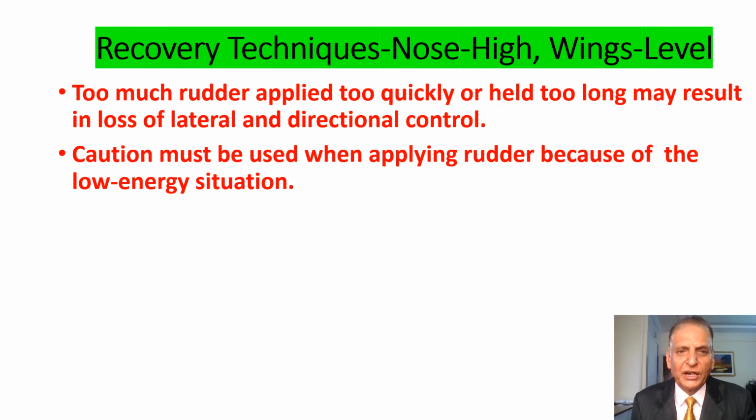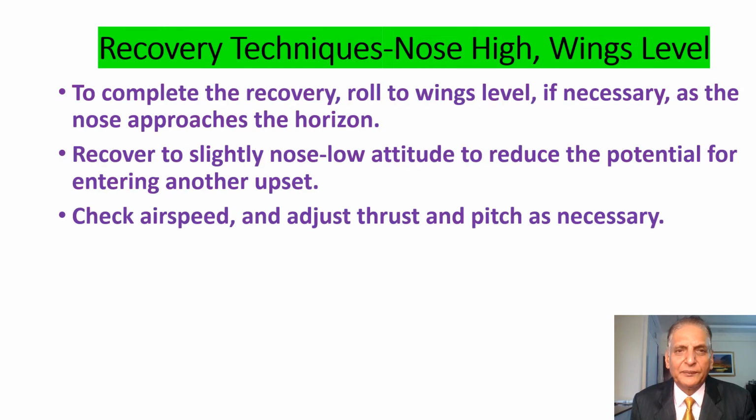Hence, caution must be used when applying rudder because of the low energy situation. To complete the recovery, roll to wings level. If necessary, as the nose approaches the horizon, recover to slightly nose low attitude to reduce the potential for entering another upset. Check airspeed and adjust thrust and pitch as required.